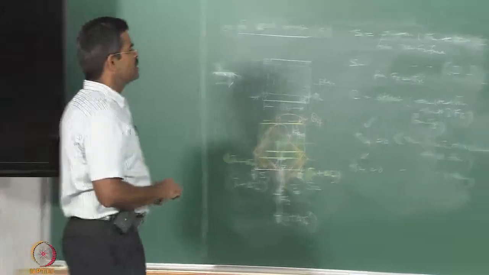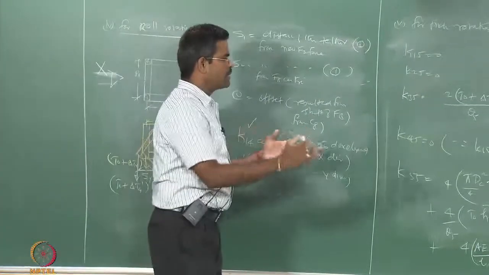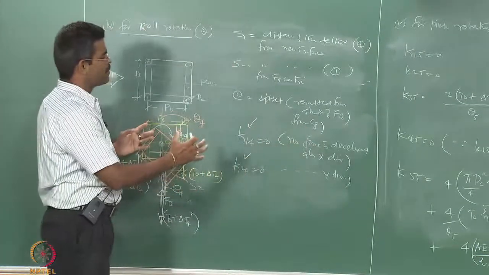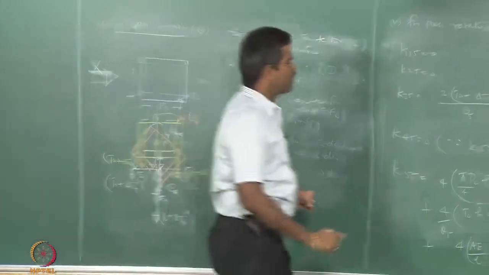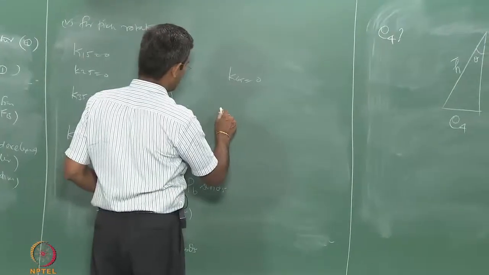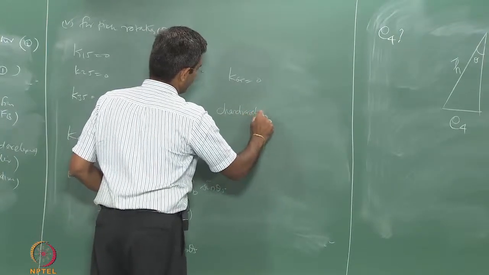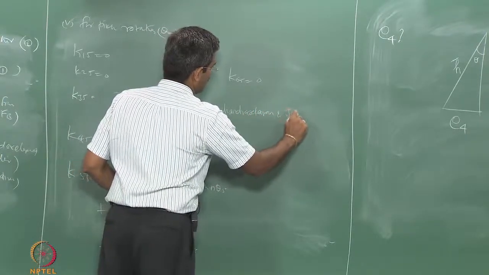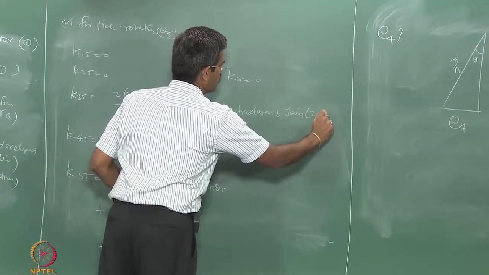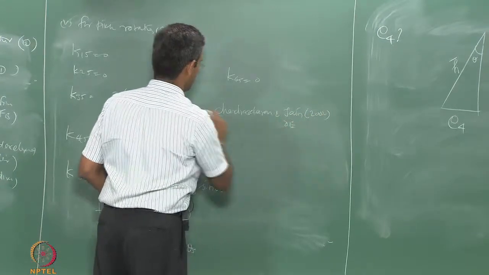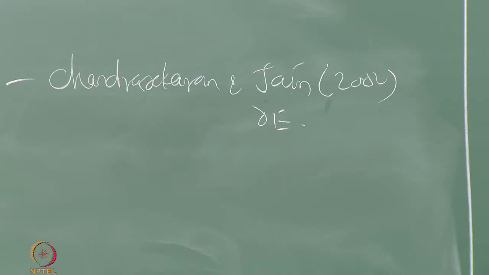So please look at the references available in NPTEL. I have got a classical paper. There are two issues. One, I have my own paper with Jain, Chandrasekhar and Jain (2002), Ocean Engineering Journal. Please see this reference, the whole derivation is available there.